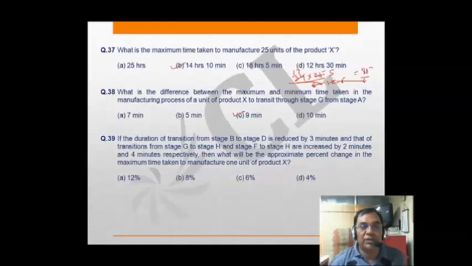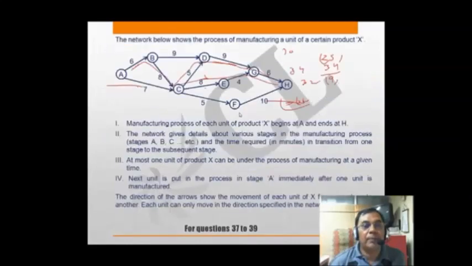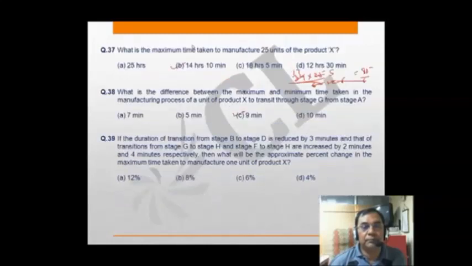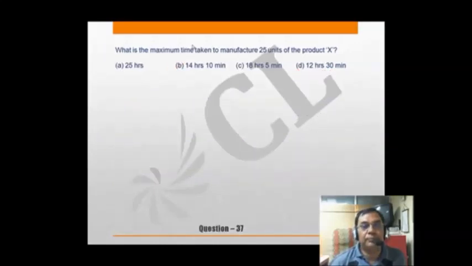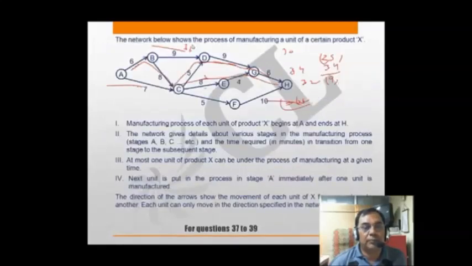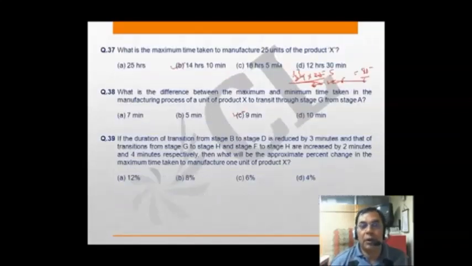If the duration of transition from stage B to stage D is reduced by 3 minutes, B to D, that means it becomes 6. G to stage H, G to H, this becomes again 4, and 8.